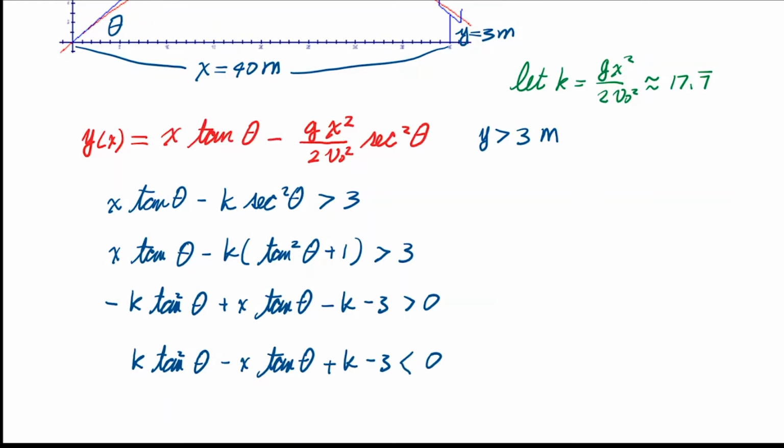This is still very ugly, isn't it? Okay, k is 17.7 repeating. This is 40. Oh, I forgot to change the sign of this, right? That's ugly. So this is 20.7 repeating. You get it?